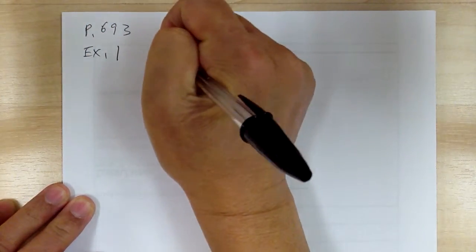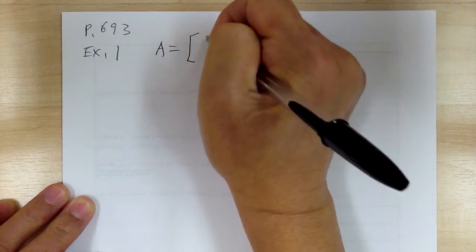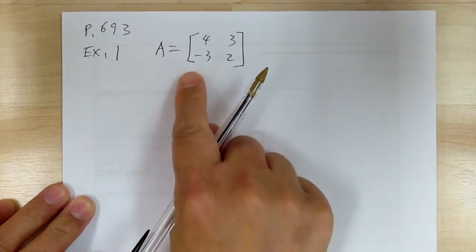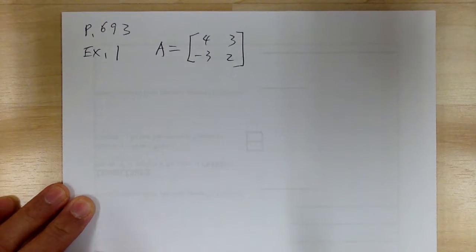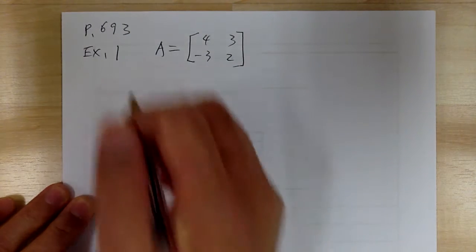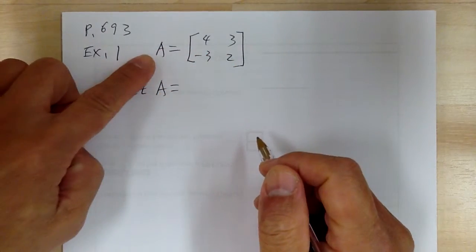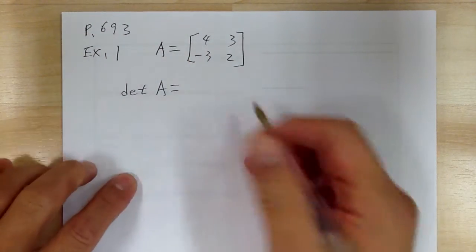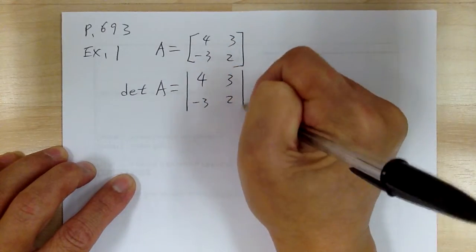You have the matrix A is equal to 4, 3, negative 3, 2. Notice you use the bracket for the matrix. For the determinant, you use the 2 bars like absolute value. So the determinant is det of A. Matrix A is 4, 3, negative 3, 2, and the determinant of A would be the same numbers between the bars.